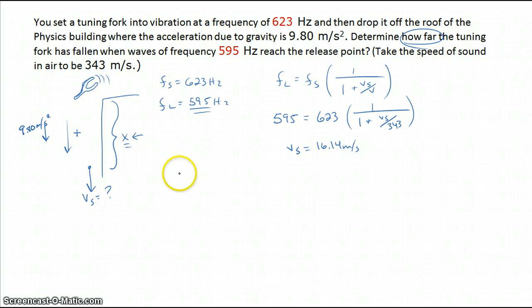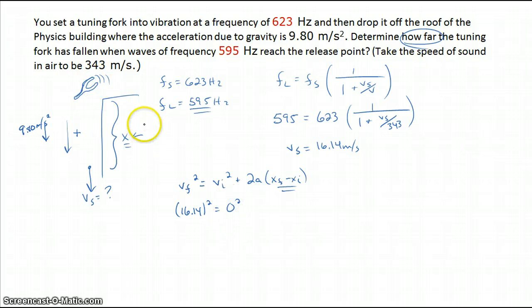The most valuable one for us right now is the third equation: the final velocity squared equals the initial velocity squared plus 2 times the acceleration times the difference in vertical displacement. So how far do I fall if I have a final velocity of 16.14 meters per second?